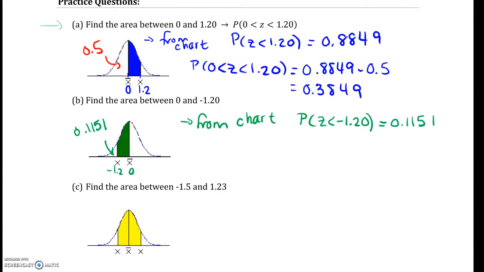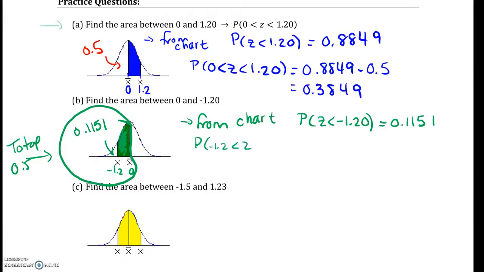Again, I know the total area on the left-hand side is 0.5. So that shaded area, that is what I'm trying to find, which is the probability that Z is between negative 1.2 and 0, I could find by taking 0.5 minus 0.1151, and I get 0.3849.